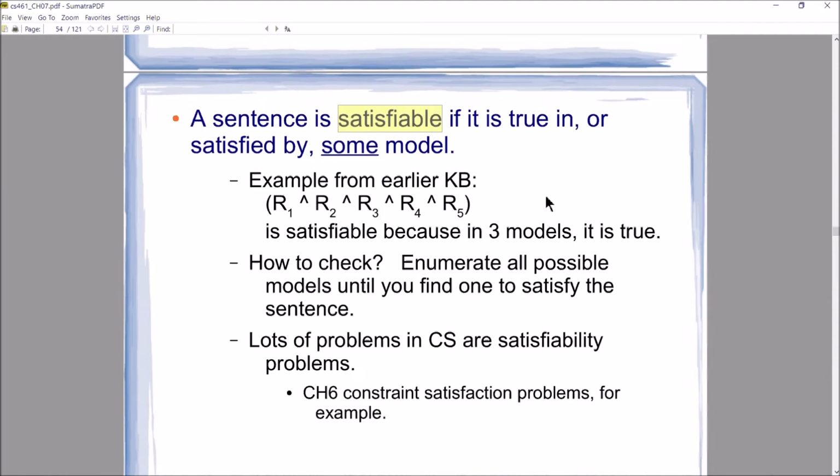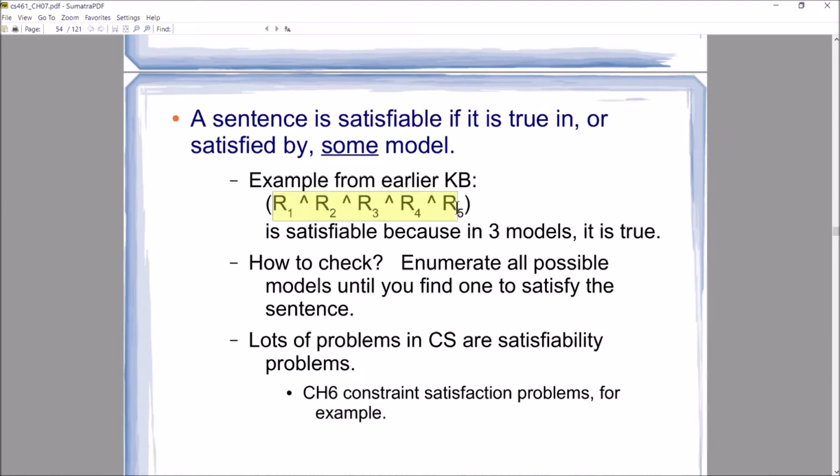Now recall the earlier example where we had a knowledge base and were putting together a truth table to determine if there was a pit nearby. We had these rules, R1, R2, R3, R4 and R5, and those facts that are part of our knowledge base.